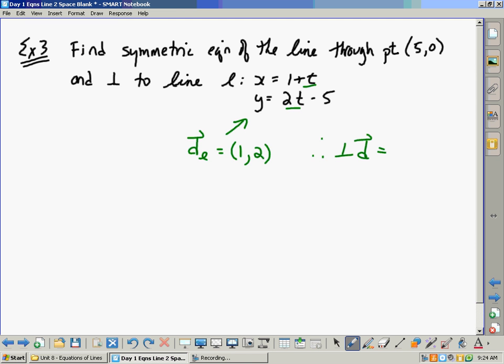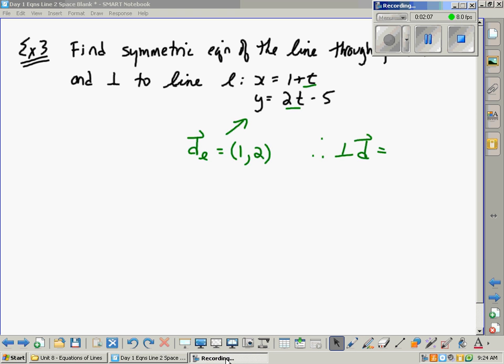Well, I showed this to you last unit. We have a little shortcut. If I can tell you this direction vector, you can give me one perpendicular. So what's that? So we'll ask modest Miranda. If the direction vector is 1, 2, a perpendicular direction vector is? -2 and 1. Excellent. That's right, good.